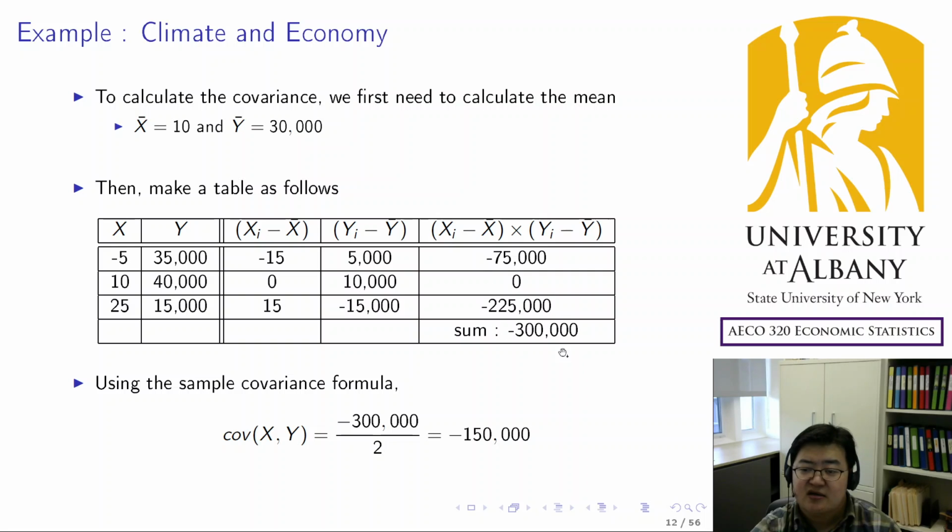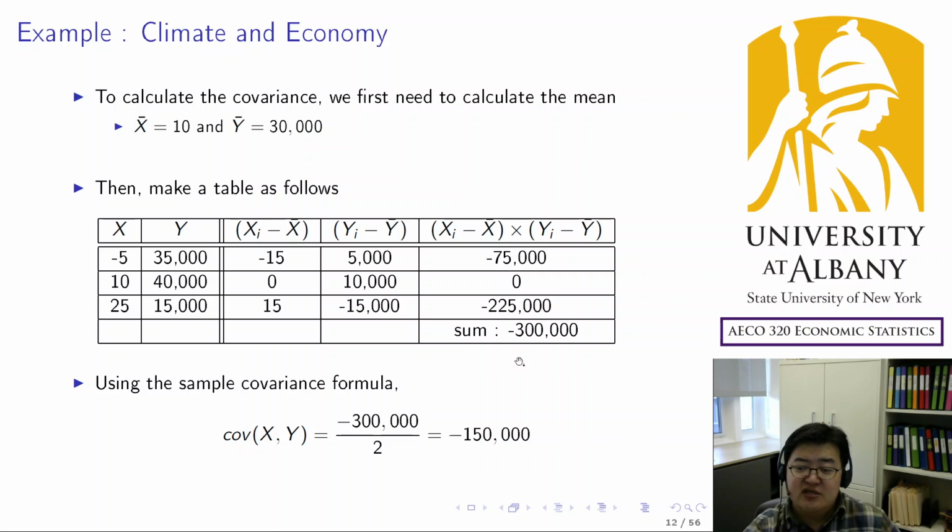Then in the end, the summation is minus 300,000, and you divide it by the sample size minus 1. So the denominator is n minus 1 because we use the sample covariance formula now. So the covariance becomes minus 150,000. So this is the covariance.